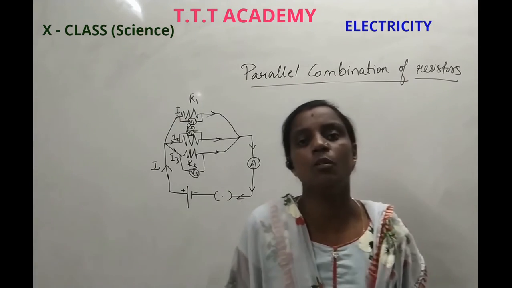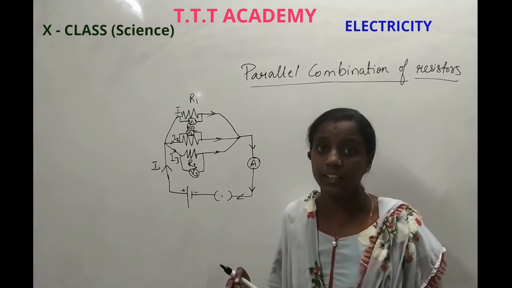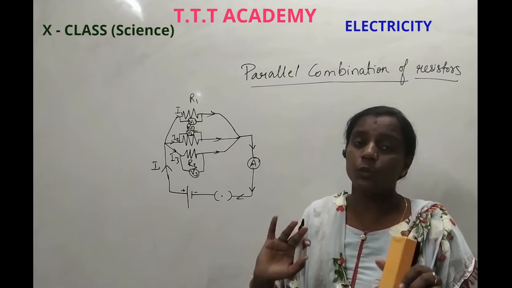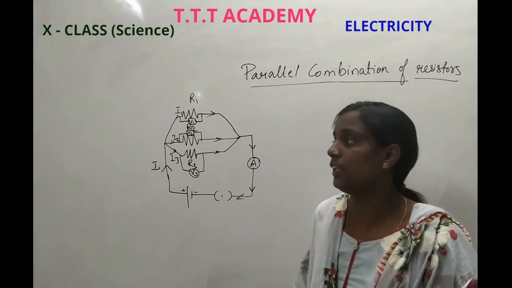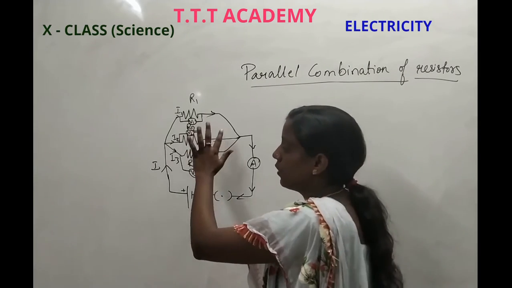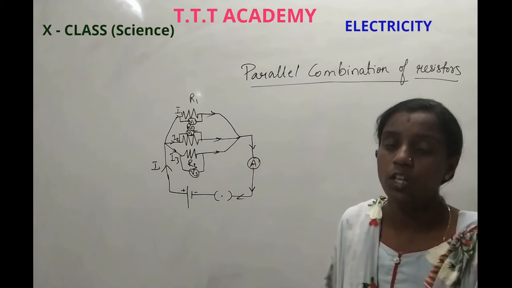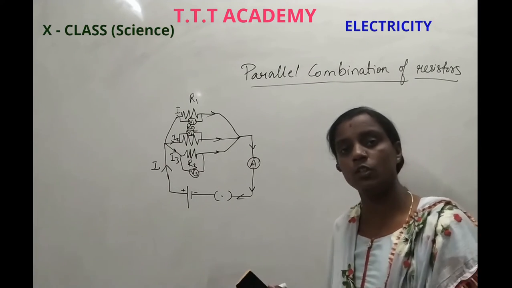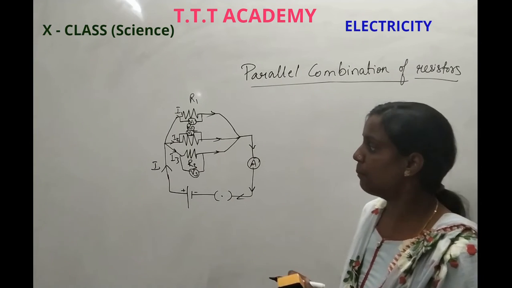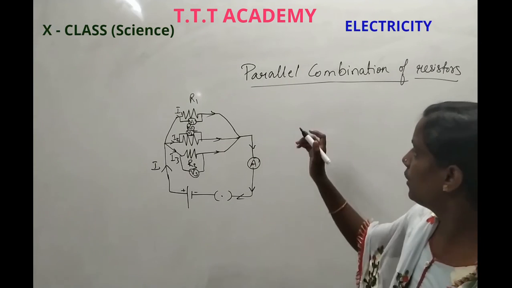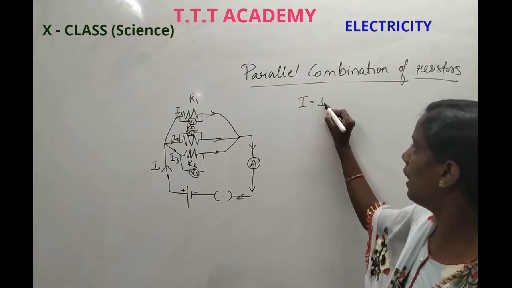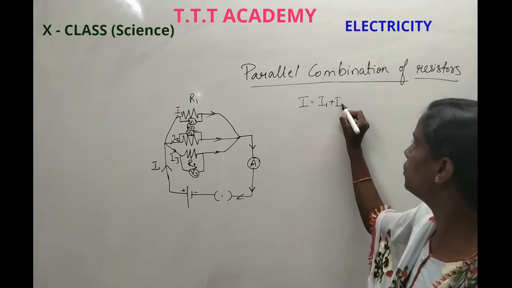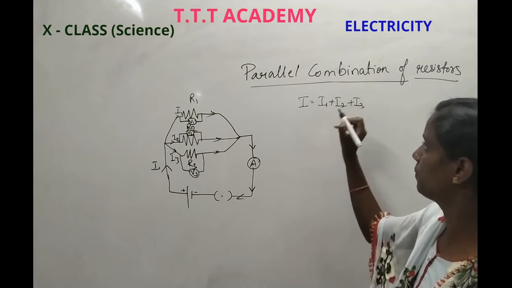In the series combination, we had studied that the same electric current will pass through R1, R2, R3. So I is equal to I1 is equal to I2 is equal to I3. But here what happens? I will be equal to I1 plus I2 plus I3.